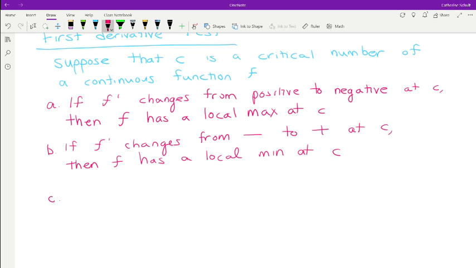All right, and then finally, there's cases where there's no sign change. So f prime is either positive to the left and right of c, or both negative to the right and left of c.